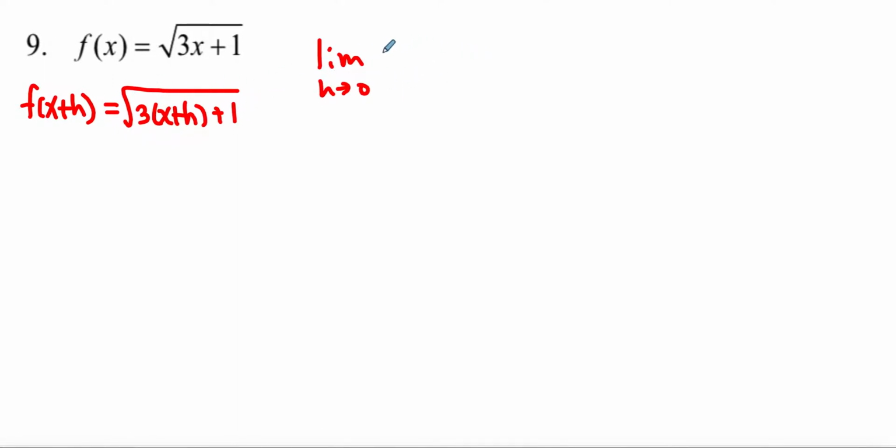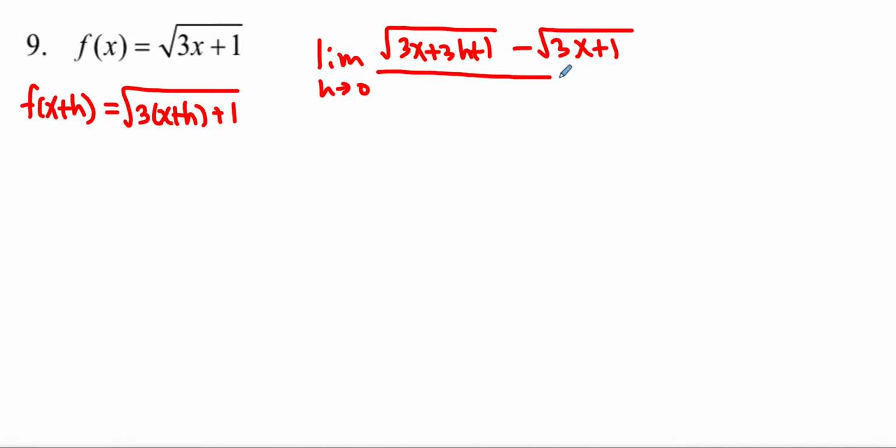So I'm going to have square root of 3x plus 3h plus 1 minus radical 3x plus 1 all over h.